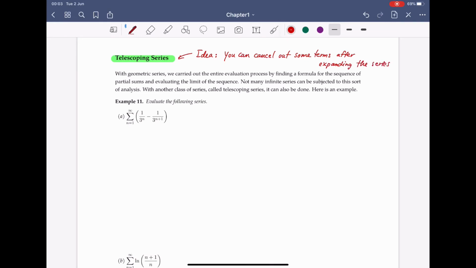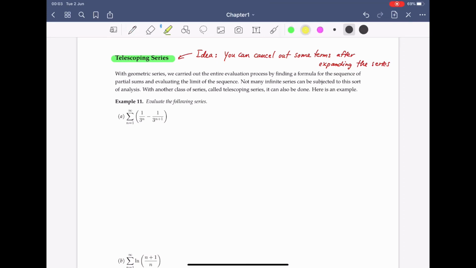So I have two examples here to show you that after you expand the series, you can cancel out some terms, and what you have left is going to be super easy to figure out the limit of the series. Well, let's look at an example.